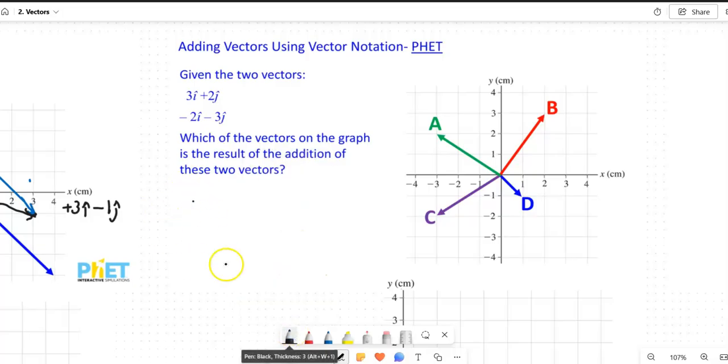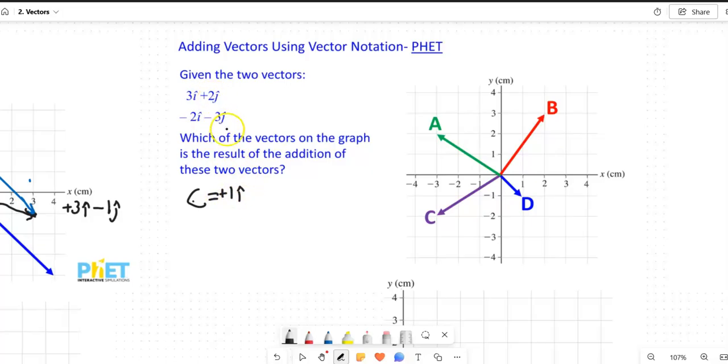Okay, so we're going to go C is going to be equal to 3I minus 2I, which is 1I, so +1I, and +2j minus 3j.